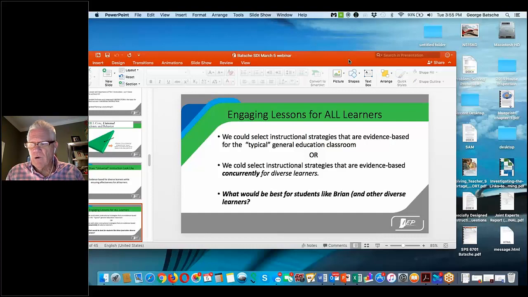Now, the examples I'm going to give you, these are all instructional approaches that general education teachers are usually quite aware of and could use. But what we don't want to have happen is that when we do lesson planning with just grade level general education teachers, they select instructional approaches that are designed primarily for typical students.